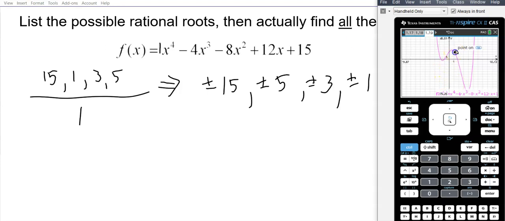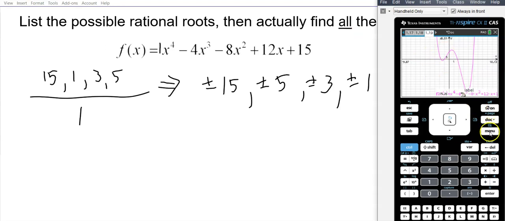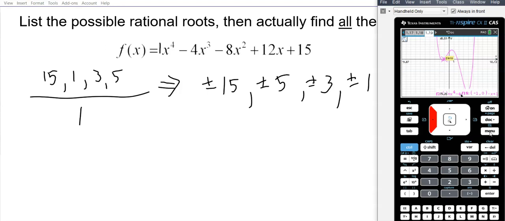So I see, let me hide that point a little bit there. Okay, so let's use the trace command and let's find the nice solutions here. So it looks like I have one at -1. I like that one. I have one at -1.73. That looks not like a rational one.